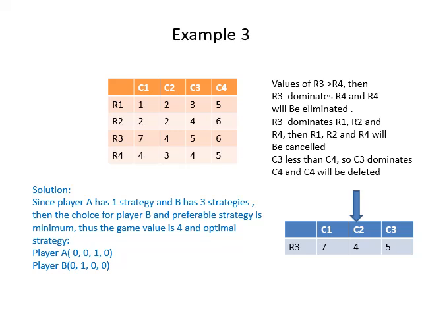Now move to the comparison between column 3 and column 4. We found that the values of column 3 are less than the values of column 4. Then C4 is said to be the dominated column. Therefore, C4 will be deleted.